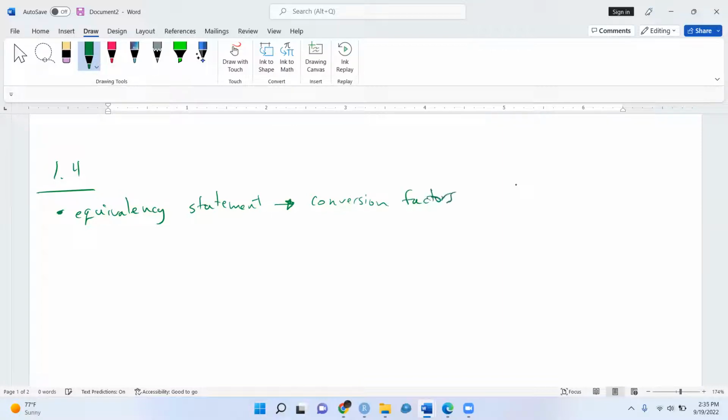And what are conversion factors and how are they used? And of course, those two words go with the concept of dimensional analysis, which is using the units of numbers or the units of things to convert between various measurements.